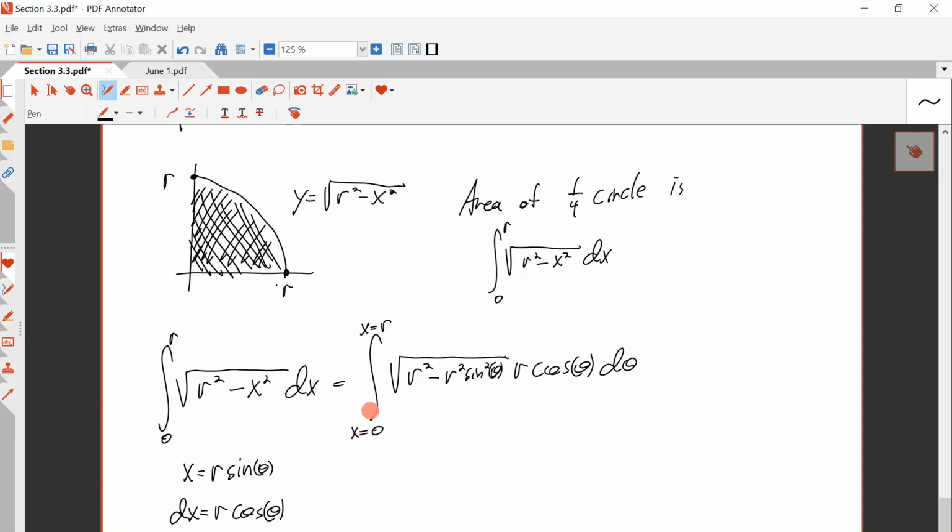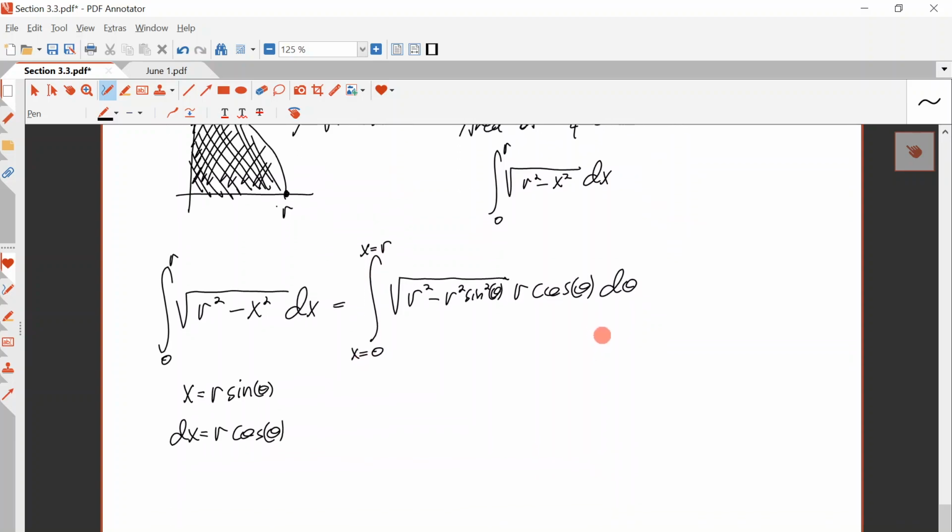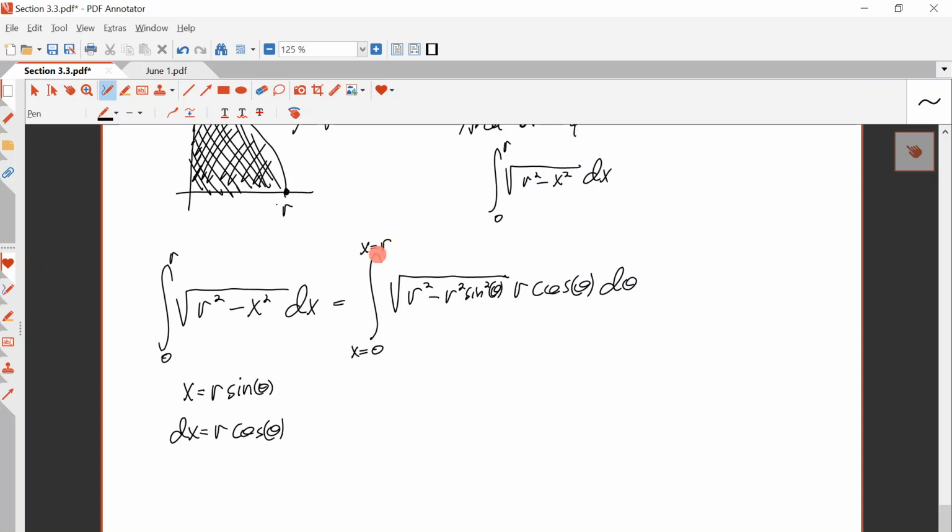Skip that final step where we transform from theta back into x. Right? These are the bounds, x equals 0 to x equals r. Let's take those bounds and transform them into thetas. So if 0 is equal to x is equal to r sine theta, this means theta is 0. If r is equal to x is equal to r sine theta, well, that means that 1 is equal to sine theta.